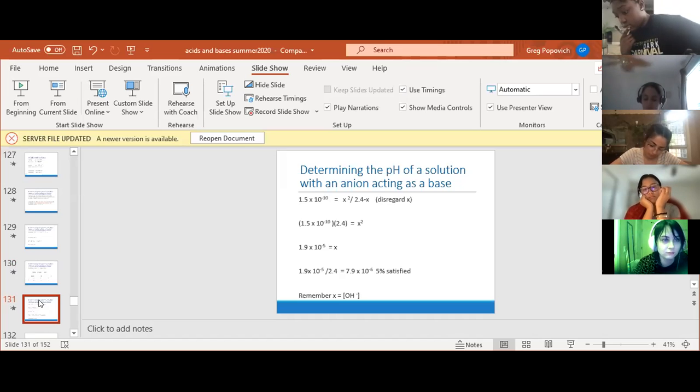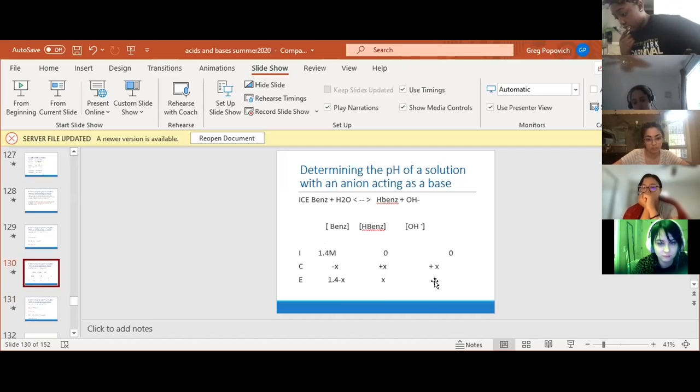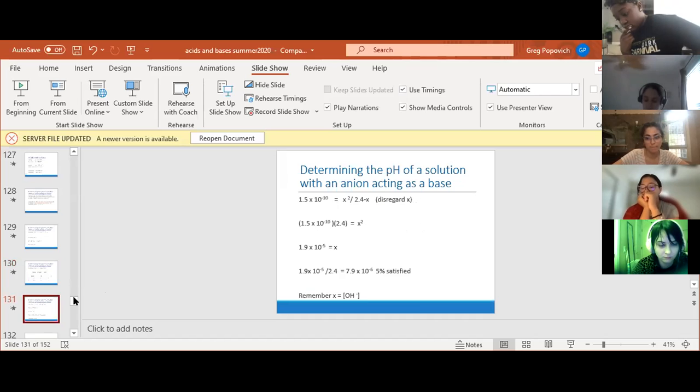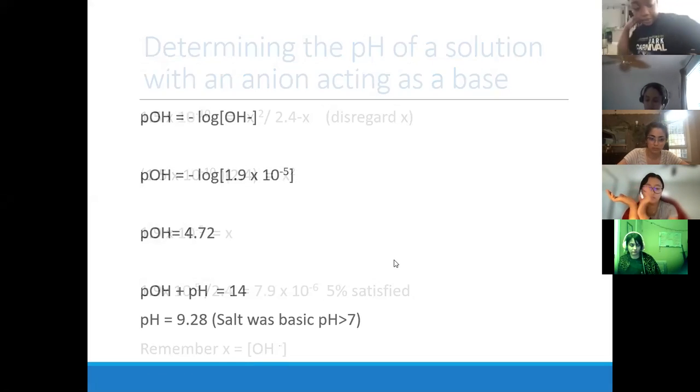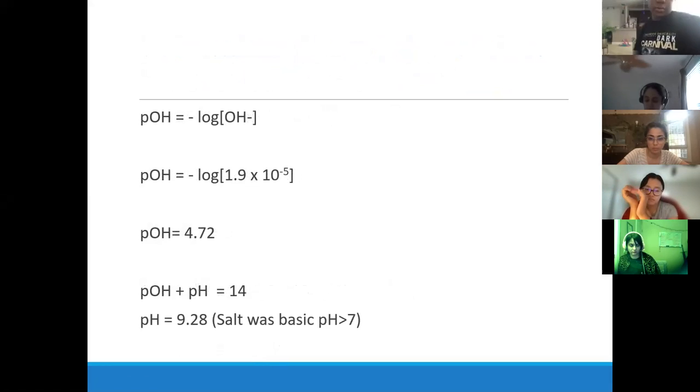My 5% rule is satisfied. I have to remember my x is OH concentration, and I want the pH. So I'm going to take the negative log of my OH concentration.